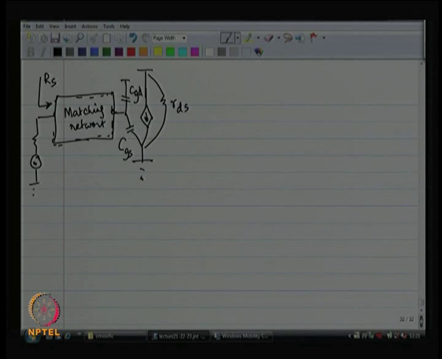RDS is irrelevant over here because both sides of RDS are at small signal ground. C source to body is irrelevant because source is at ground, body is at ground. Drain to body capacitance is also irrelevant because drain is at ground, body is at ground. Okay. So, this is the regular MOSFET.